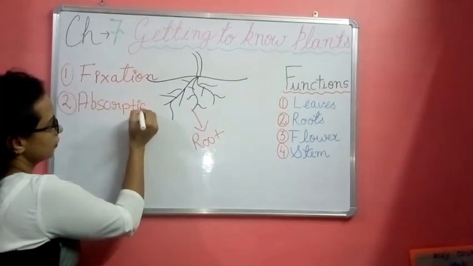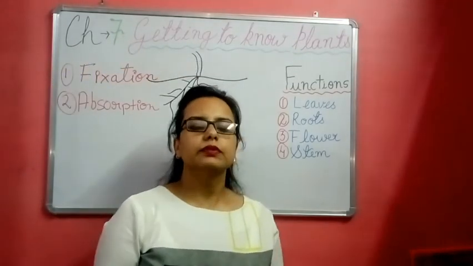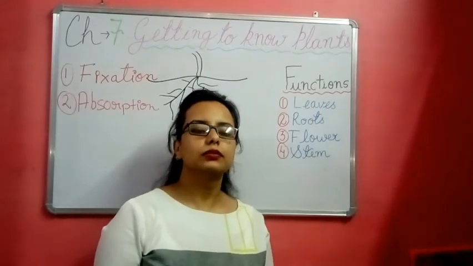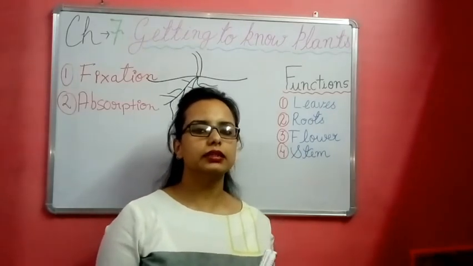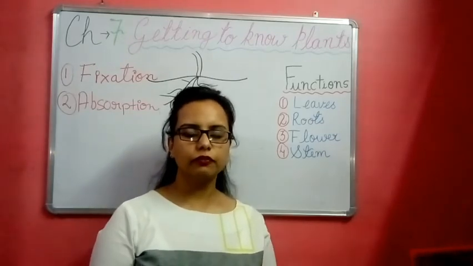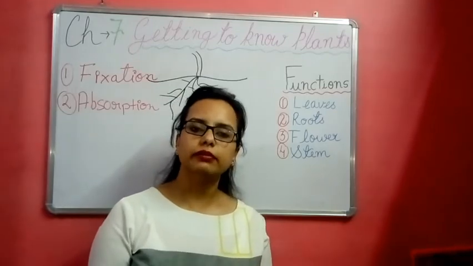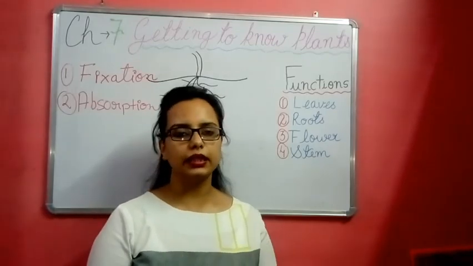Absorption means the minerals present in the soil are absorbed by the roots. So the second function of the root is to absorb the minerals and the water present in the soil.